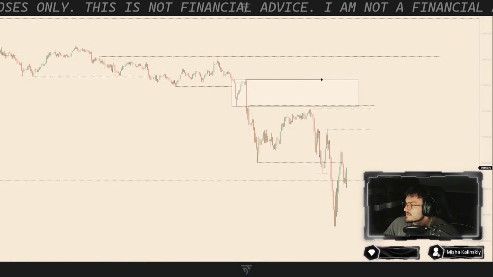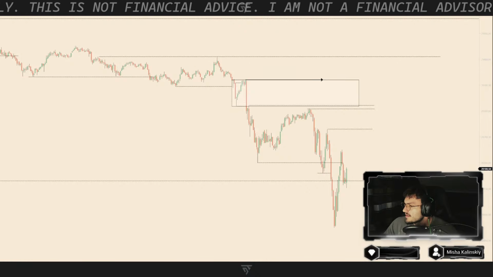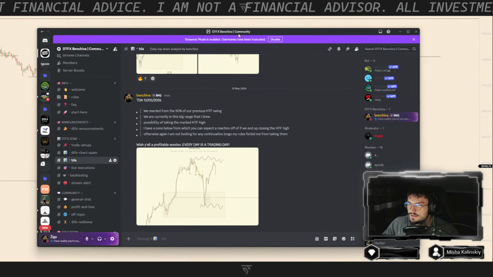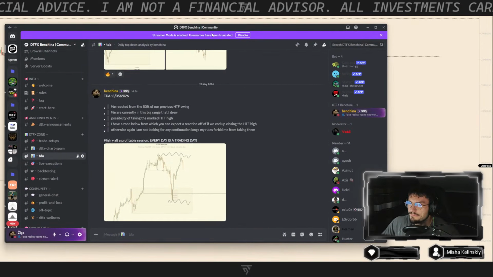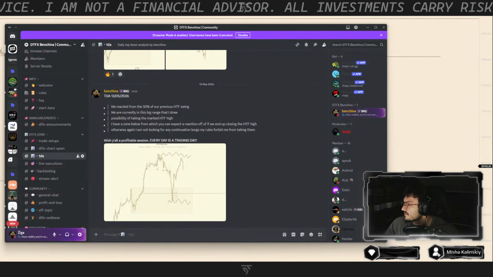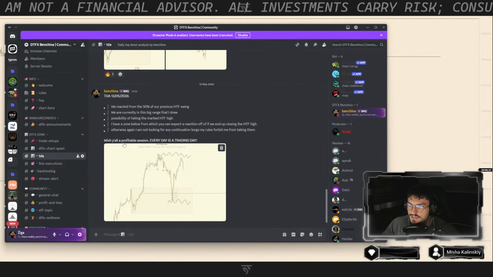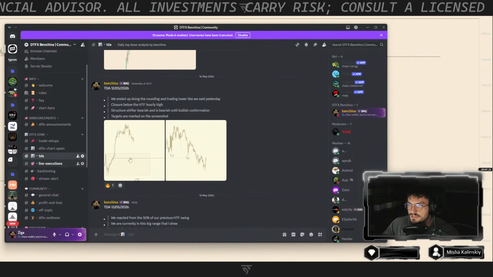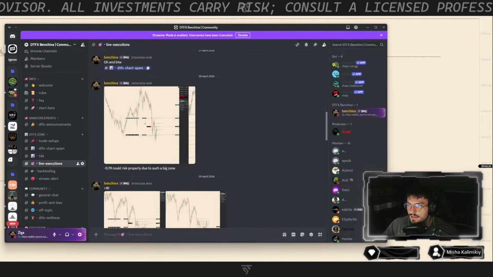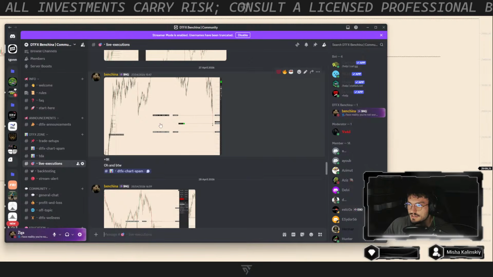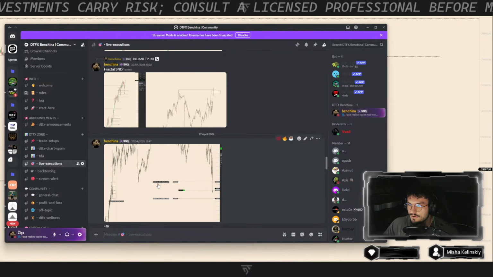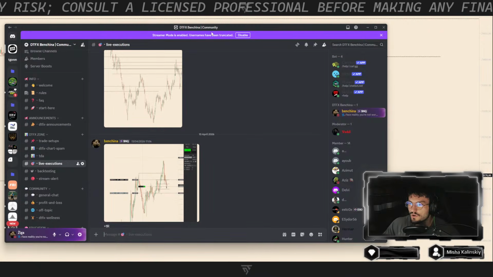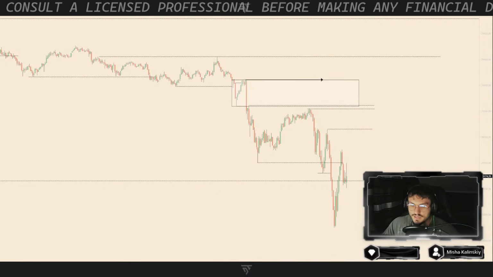I'll show you guys the server. Look, this is my trading server, my free one. You can see this is where I post my daily TDAs, my live executions. Each one of my trades is here. Each trade that I took here was on my Apex accounts.